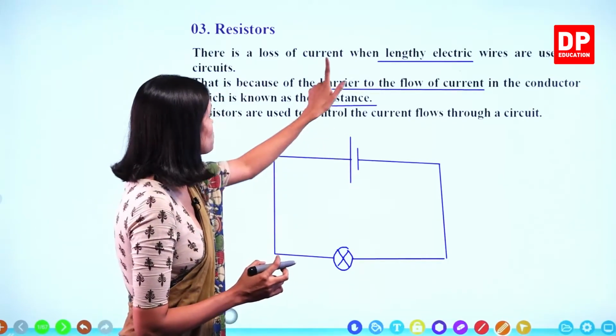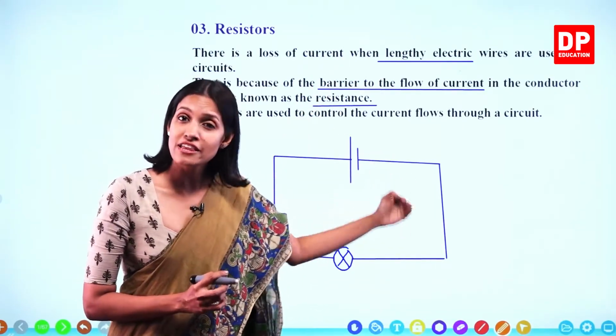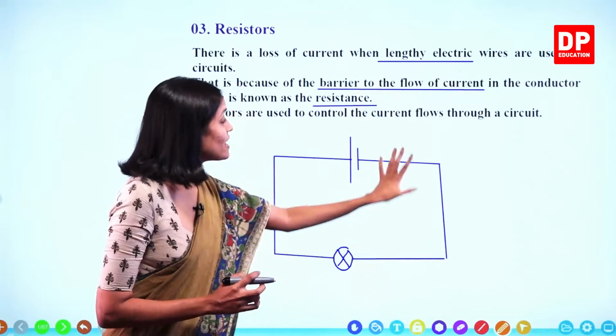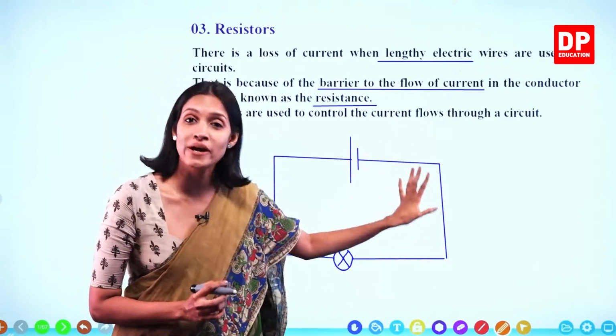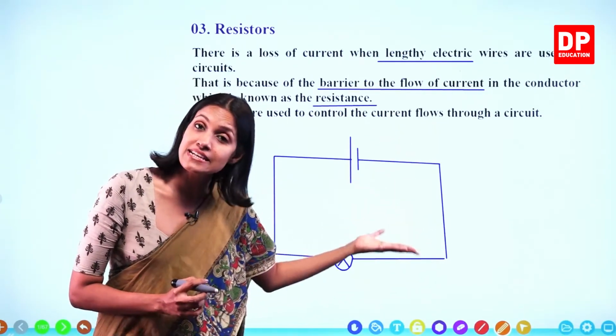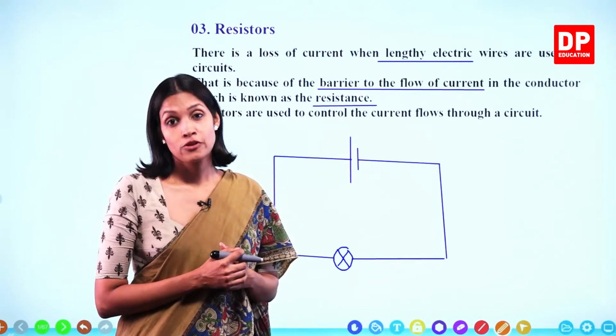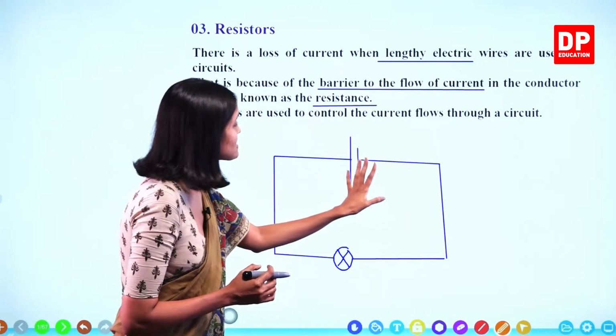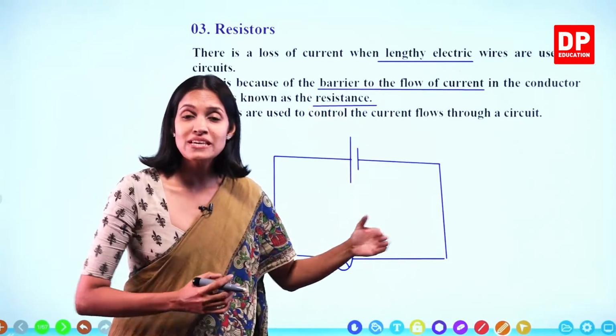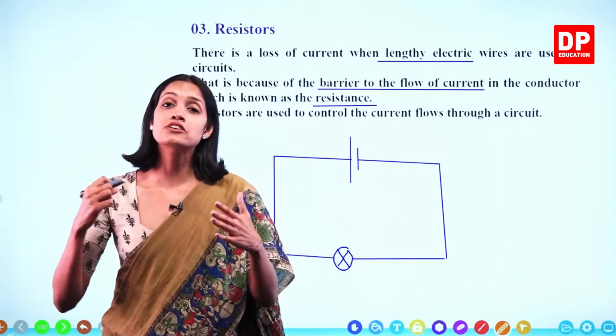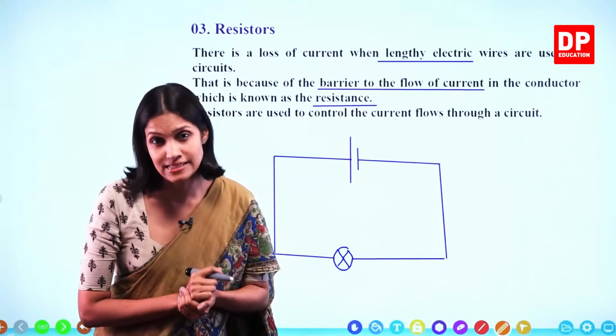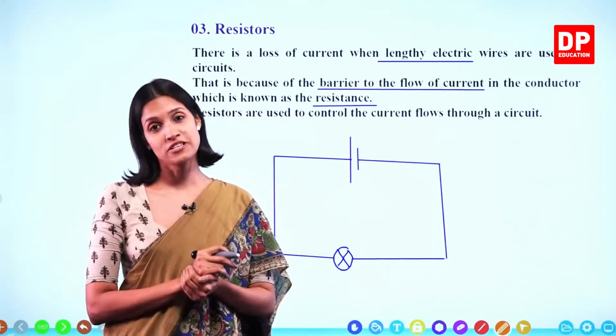So what happens according to this, children? When the length of the conductors or the wires increases, resistance increases. So what is the resistance again? Resistance means there's a certain barrier towards the flow of electricity in a certain circuit. This is known as the resistance of the circuit.